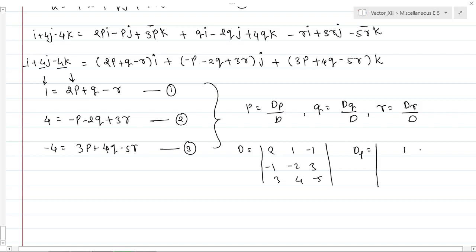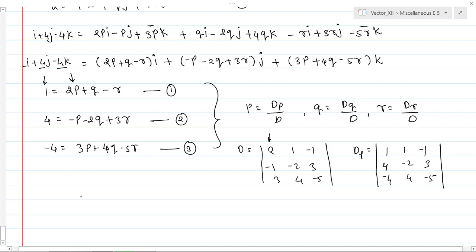The second and third columns remain the same, and instead of the first column you replace it with 1, 4, minus 4. Similarly you replace for q and r, so you will get the determinants dp, dq and dr.